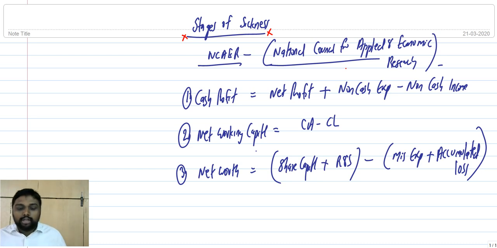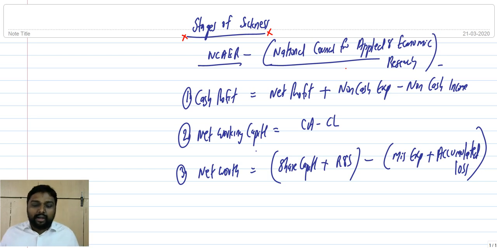So the parameters are cash profit, net working capital and net worth. NCAER says that if any of the parameters is negative, there is a chance of sickness. That is, the sickness tends toward corporate insolvency.